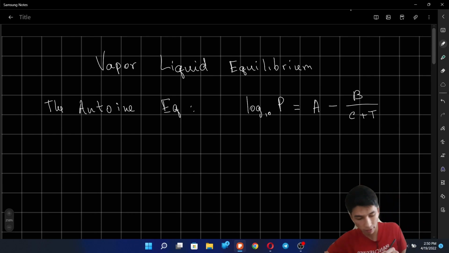Now we have another law, which is called Raoult's law.